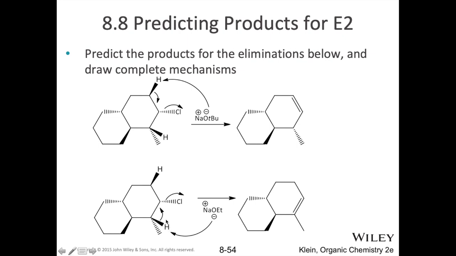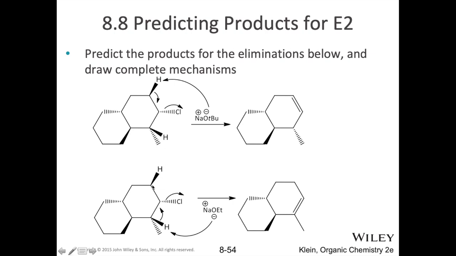So even though there's a little bit of steric hindrance there from that methyl group, your ethoxide is small enough to access it. Now the question you should ask yourself is, is that proton anti-periplanar to that chlorine, which it is. If that's pointing down and away from us, this one's pointing up and towards us, so they're trans to each other, so they'll be anti-periplanar.